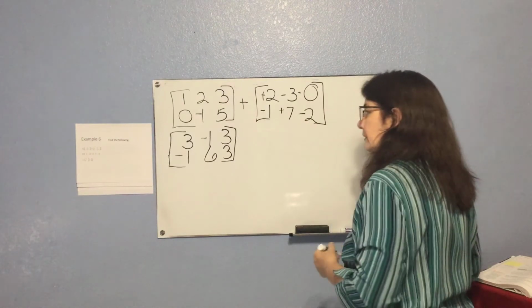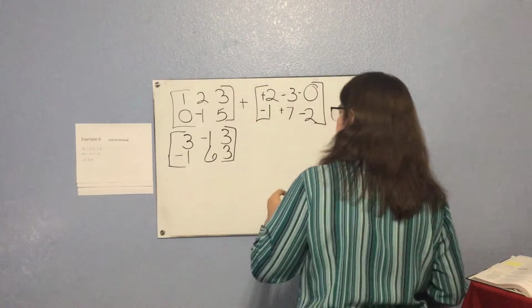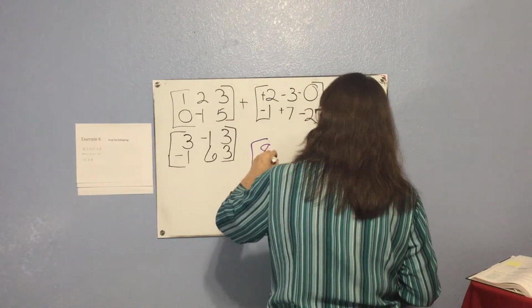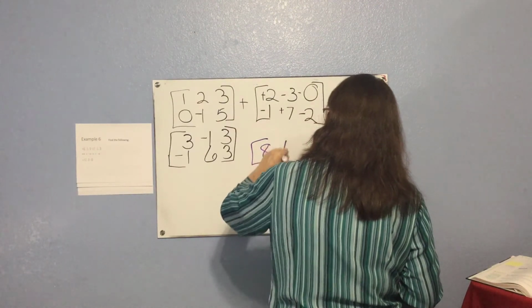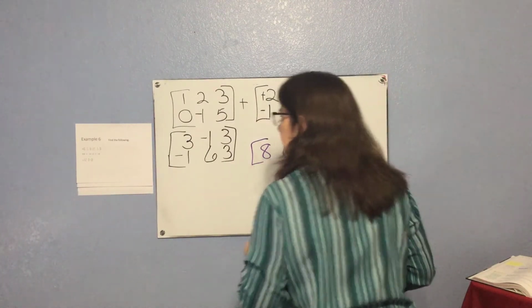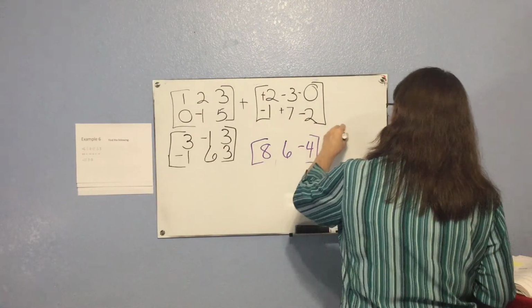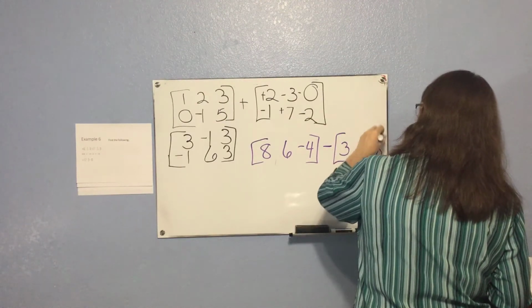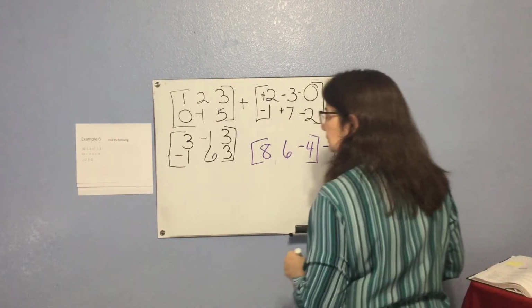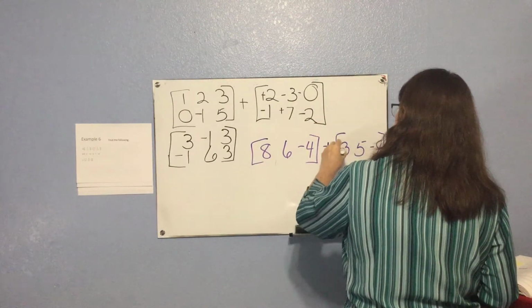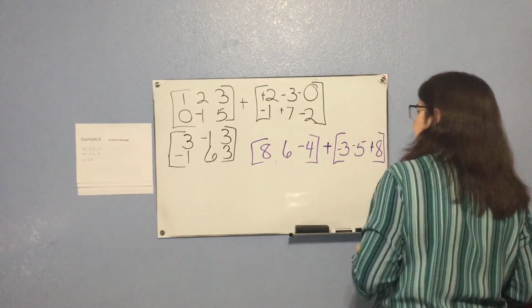Let's look at a different matrix, this time a row matrix. And again, I'm going to change this sign, this sign, this sign, and this sign.